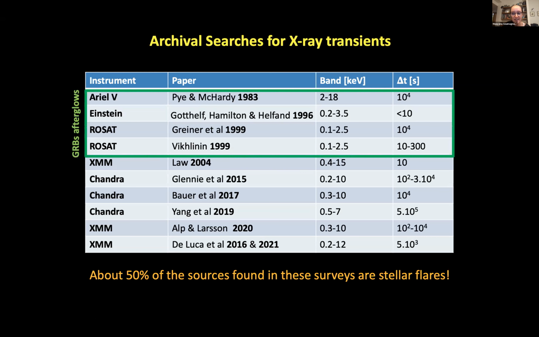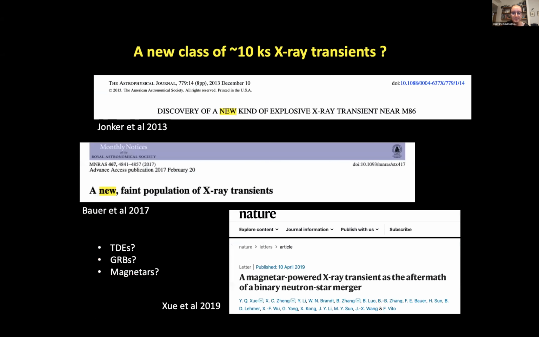So what were they looking for? In the early days, the studies were mostly motivated by the possibility of finding GRB afterglows, which were eventually found in the late 90s. And many of the most recent archival searches were looking for what could be a new class of X-ray transients with duration of a few tens of kiloseconds.